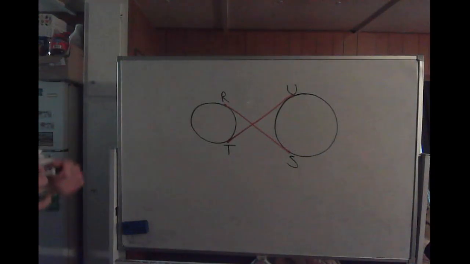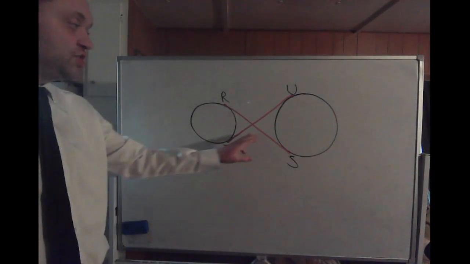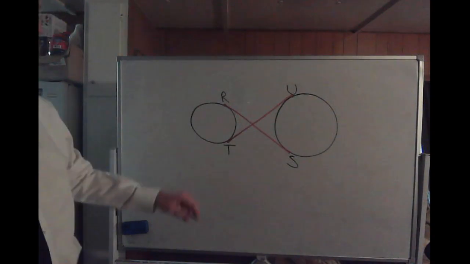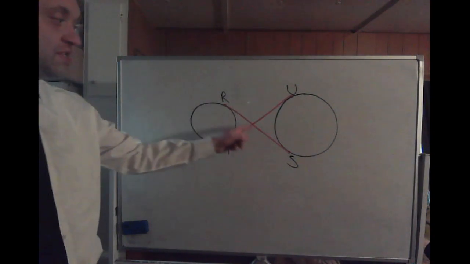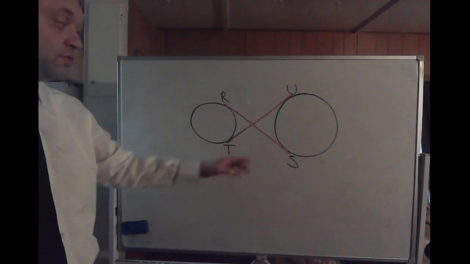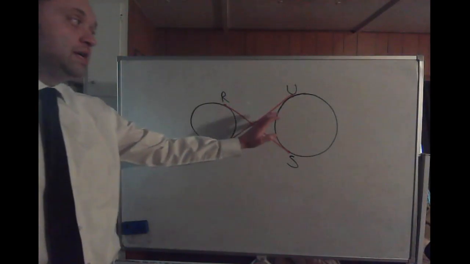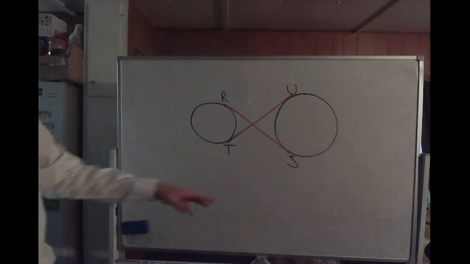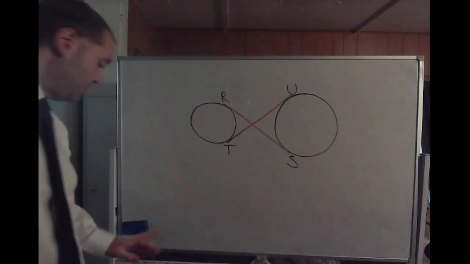Alright, so here we have 2 internal tangents to these 2 circles. You have tangent RS that is internally tangent to these 2 circles, and you have tangent TU that is also internally tangent to these 2 circles, and they both intersect each other.